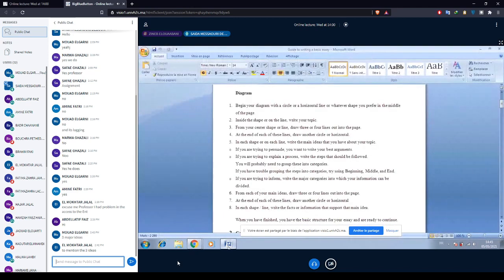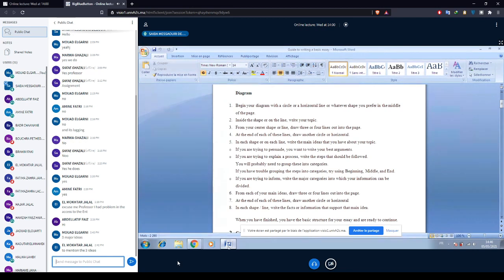Because you have only 3 paragraphs, so for 3 paragraphs you have to have 3 major ideas, that's all. You can have 4 if you're working alone, but not in the exam. You cannot write 4 body paragraphs and then the introduction and conclusion, which would make 6 paragraphs. So you have to draw only 3 lines.